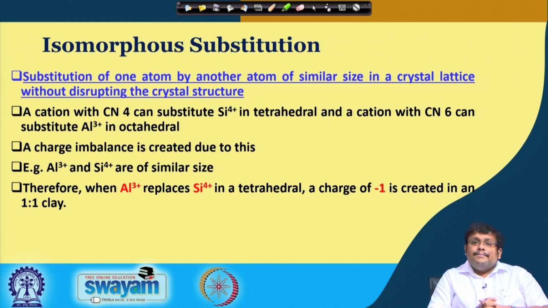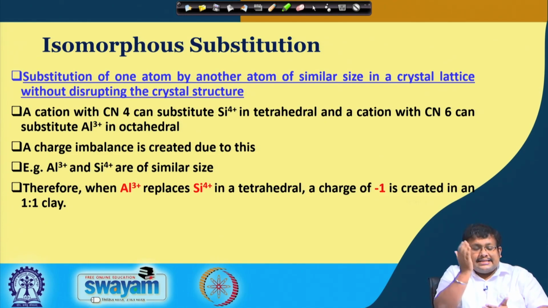So, let us consider an example: a cation with a coordination number of 4 can substitute silica in tetrahedra, and a cation with a coordination number of 6 can substitute aluminum in the octahedral sheet without disrupting the crystal structure. The first and foremost criterion for doing that is that they have to be almost similar in size, and that is why this phenomenon is known as isomorphous. Iso means similar, morphous means similar in morphology or similar in size.